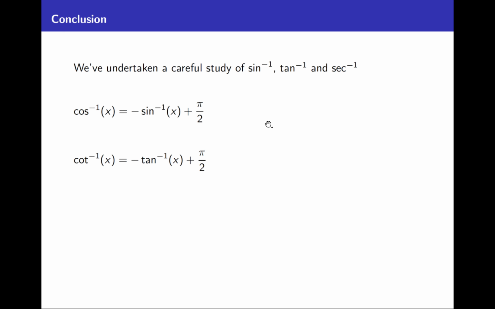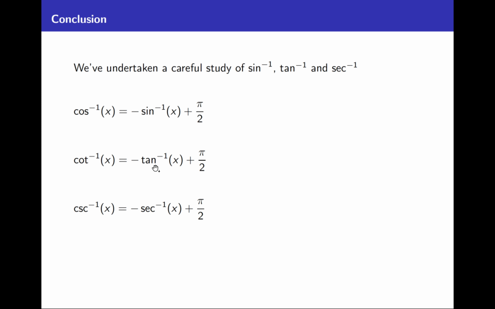And also today we saw that cotangent inverse of x is negative tangent inverse of x plus pi over 2. And cosecant inverse of x is equal to negative secant inverse of x plus pi over 2. So the inverses of cosine, cotangent, and cosecant can all be understood in terms of the inverses of sine, tangent, and secant.